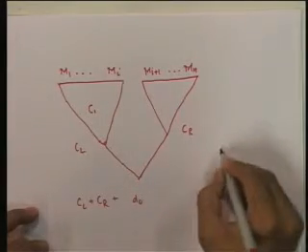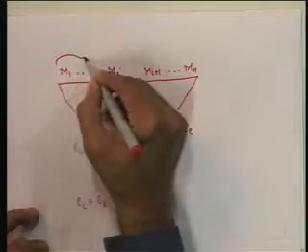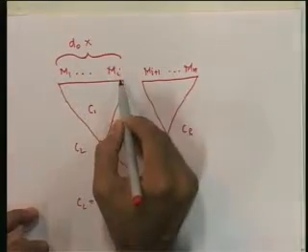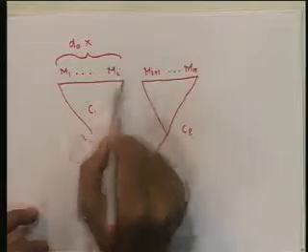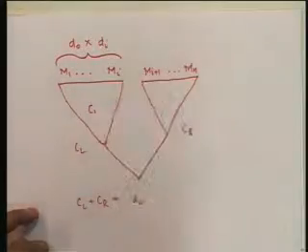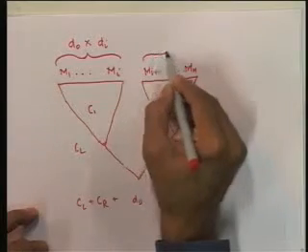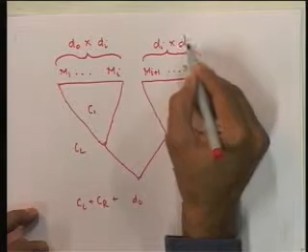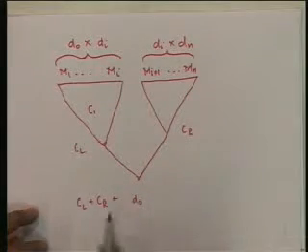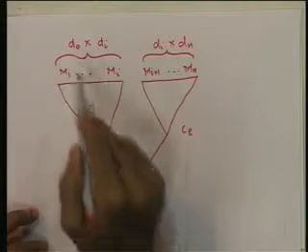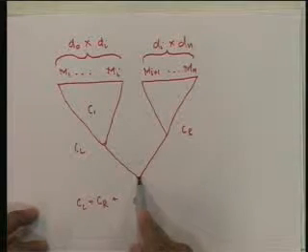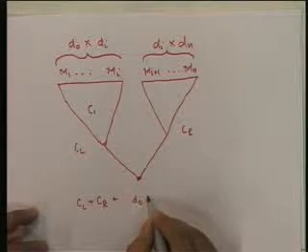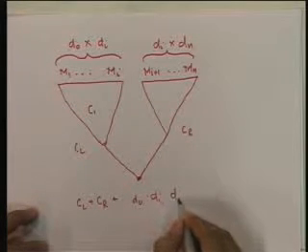So, this product is going to be D0 times Di. This product is going to be Di times Dn. So, as a result, the time to compute this last product, which is the only term remaining over here, is D0 times Di times Dn.